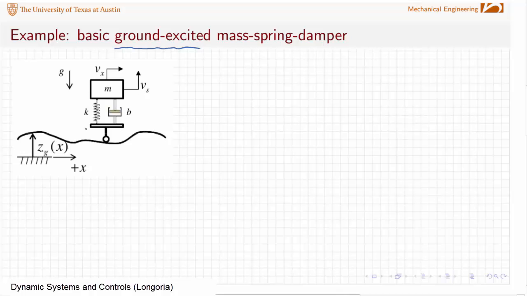And the reason I want to throw this one in here is if you understand how to model this one, the step up is that much simpler to do the full quarter car vehicle model. Also, we want to talk a little bit about how we might model the ground and what the input might be. And we talked a little bit about this in previous videos and lessons.